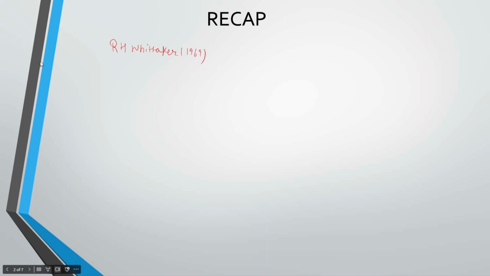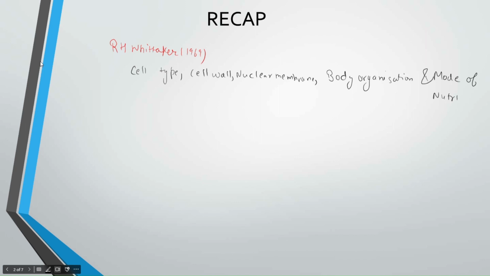There were 5 different parameters which he used for classification, which included cell type, cell wall, nuclear membrane, body organization, and at last we studied about the mode of nutrition. So these were the 5 parameters on the basis of which he classified different organisms.